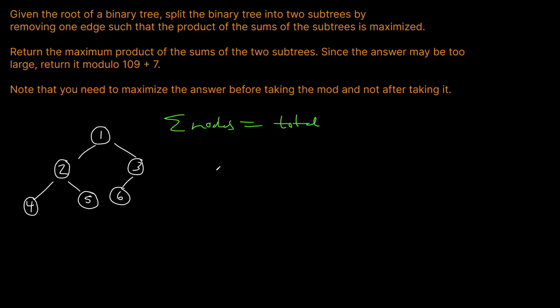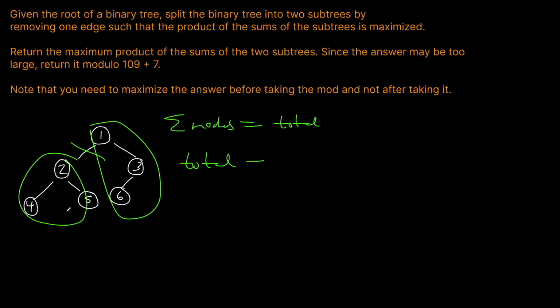Then if we have each individual sum of the nodes, assuming that we cut it somewhere, like this tree and this tree, then all we need to do to find the other side of the tree is simply to take our total sum and subtract whatever our current sum is, and then we just multiply that by our current sum, and that will give us the product of the binary tree.